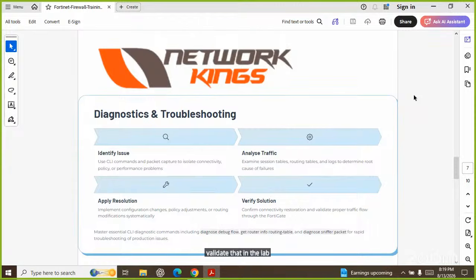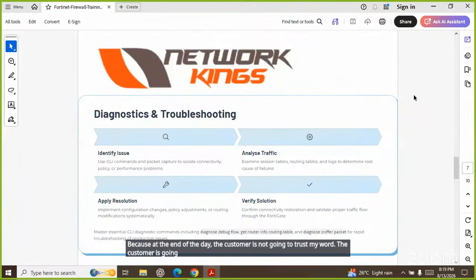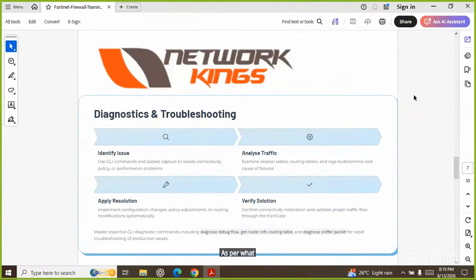If anything is not validated in the lab, that concept is not to be trusted. Simple. Because at the end of the day, the customer is not going to trust my word. The customer is going to trust my findings based upon the logs, what I see, right? So logs are the source of truth. So we will try to build that.